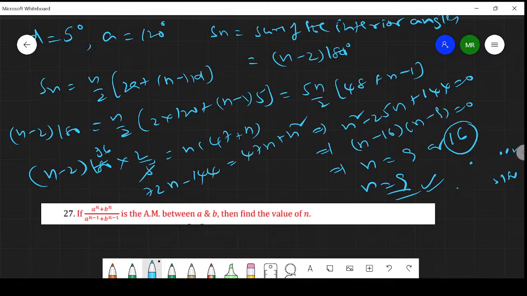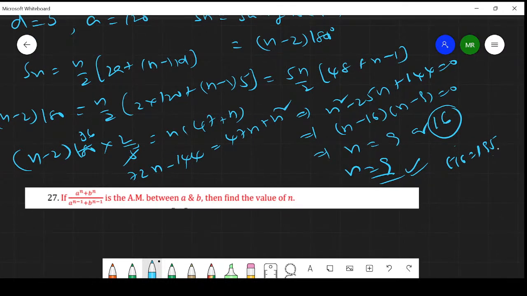To avoid 16 here, I can write that T16 will be 195, greater than 180. That is the reason we don't want this. n is equal to 9, that will be your answer.